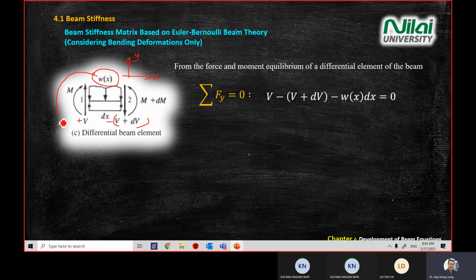Wx, what is W? W is the distributed weight, which is in the unit of Newton per meter.